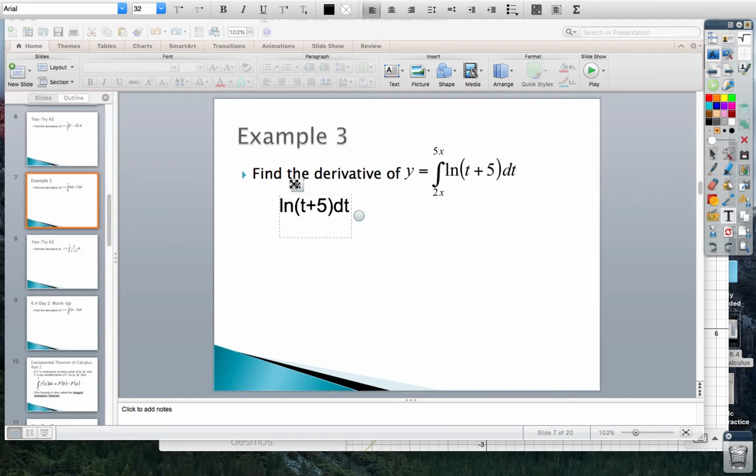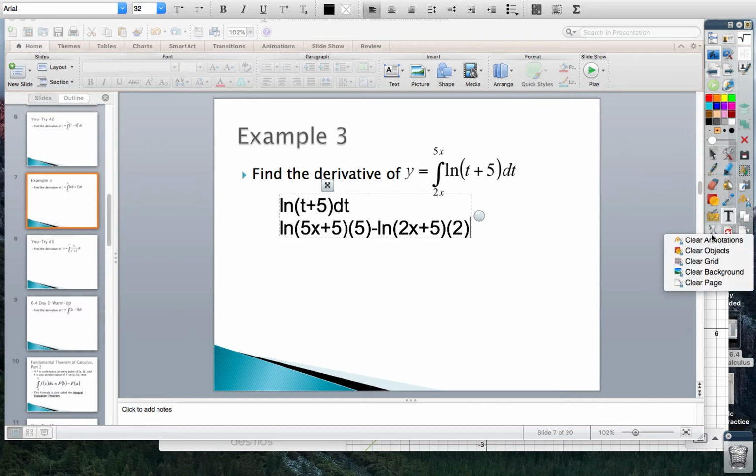So we get ln of 5x plus 5 times the derivative, which is just 5, minus ln of 2x plus 5 times 2. And that would be your final answer. There's not much we could do to it other than leave it there.